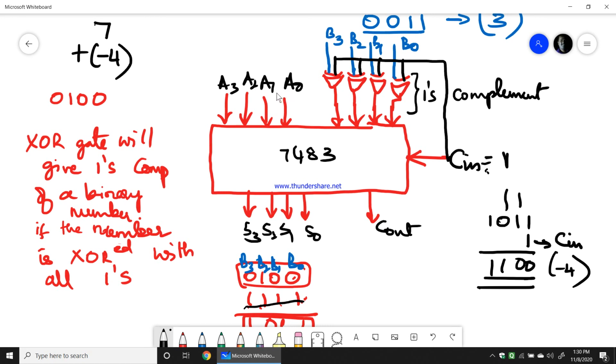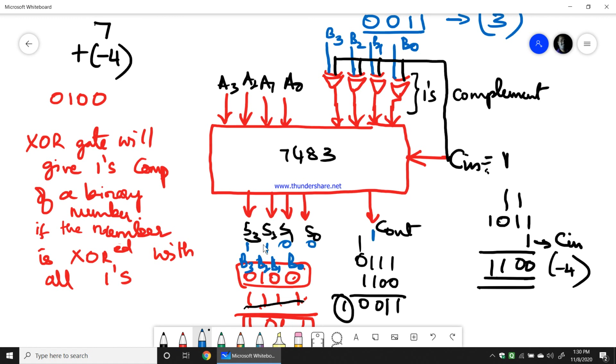So once you do that, you get the result here. So 7 minus 4, you get the result here, and then Cout, whatever you get. So 7 minus 4 is adding this minus 4 with 7, what will we get? 0, 0, 1. So the final Cout equals 1. Therefore, what you get here is 0, 0, 1, 1 and this Cout as 1.